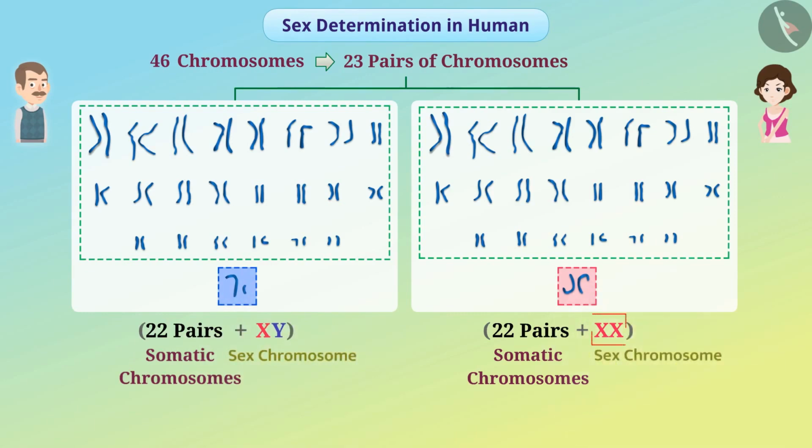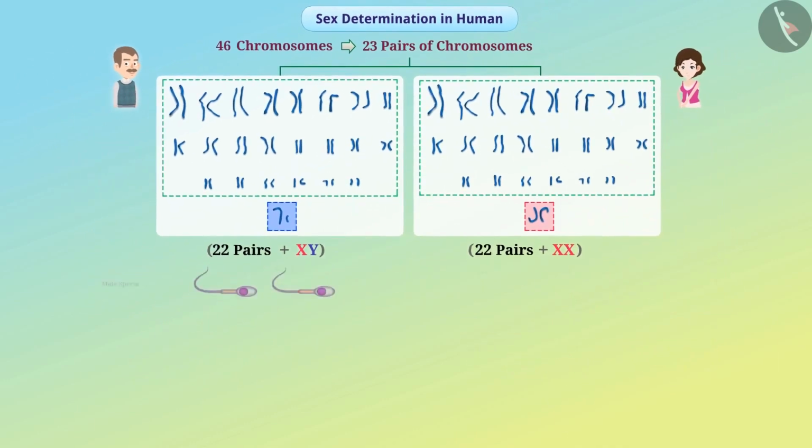When sperm is produced in a male, the 23 pairs of chromosomes are divided in such a way that one chromosome of each pair is acquired by each sperm cell. In this way, half the sperms have X chromosome and half the sperms have Y chromosome.